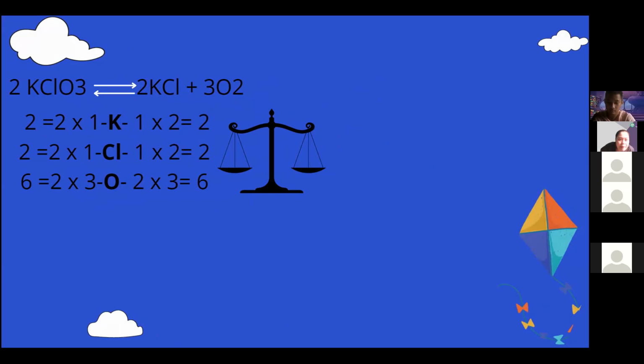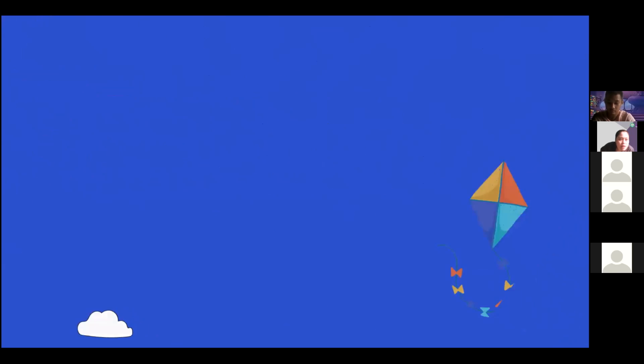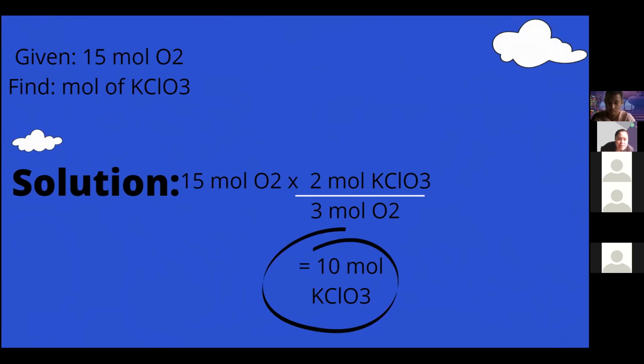And for the balanced equation, that's 2 KCl. Let me rewrite it para makita nila sa screen while we are discussing the solution. Again, you have KClO3 yielding potassium chloride plus oxygen. So you may write here 2, 3, and 2. So this one is already balanced.